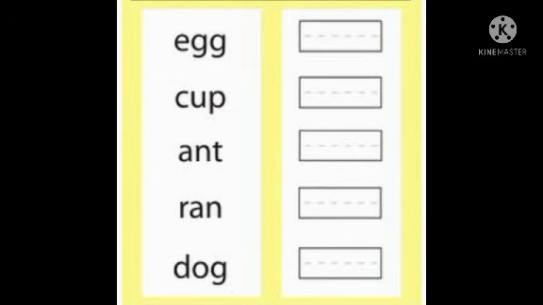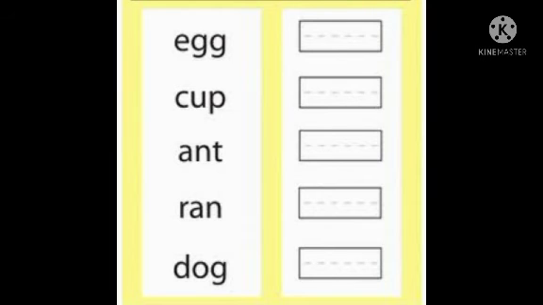Children, now let us arrange these words in alphabetical order. First, we have to see the word which begins with the letter A. In this list, the word which begins with the letter A is ant.